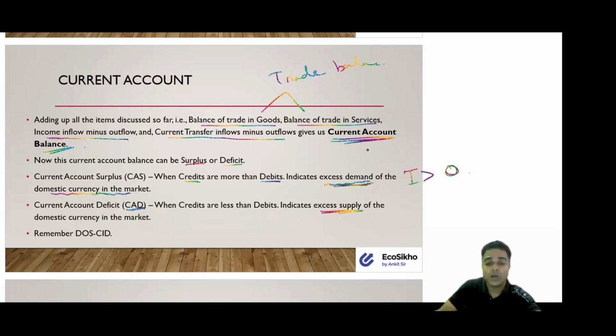Current account deficit occurs when the inflow is less than the outflow. That means you are making more payments than what you are receiving into the country. And if you are making more payments, that indicates that you are willing to supply more and more of your domestic currency. So yeah, that was about the current account.